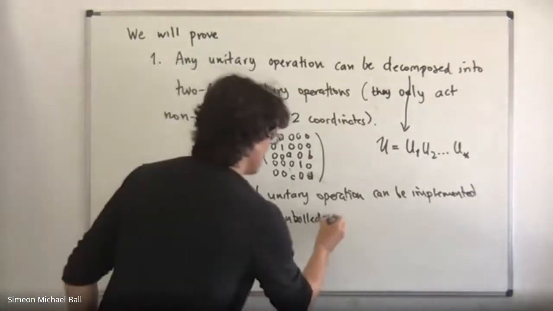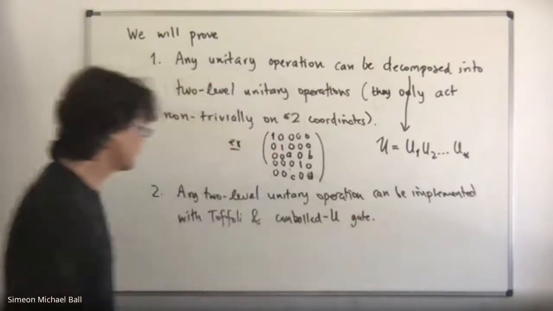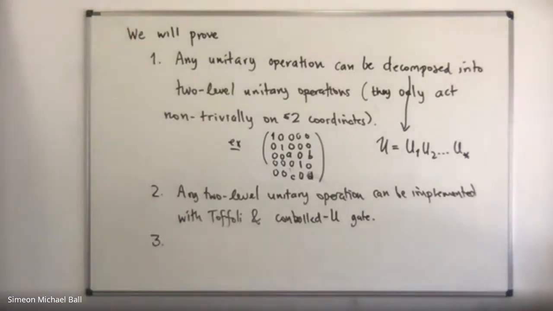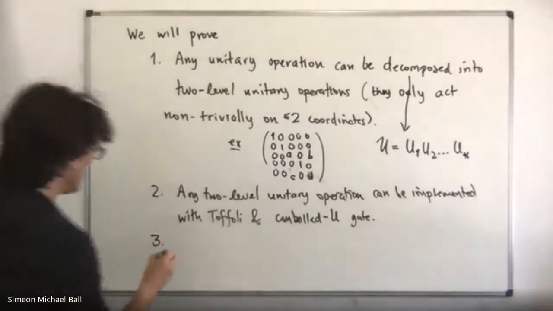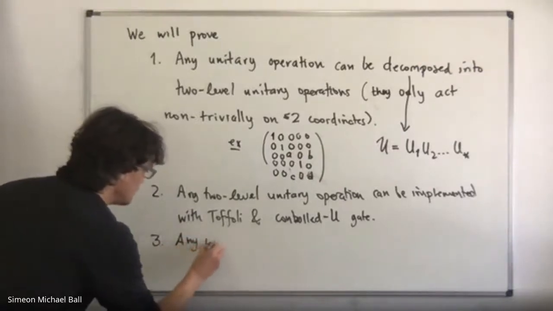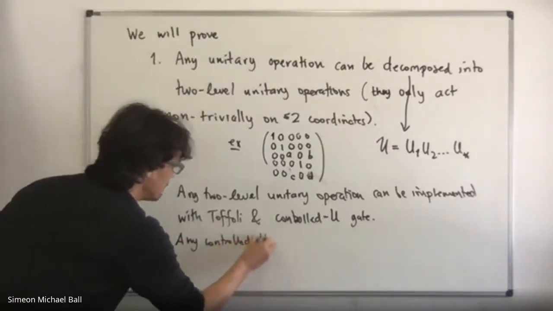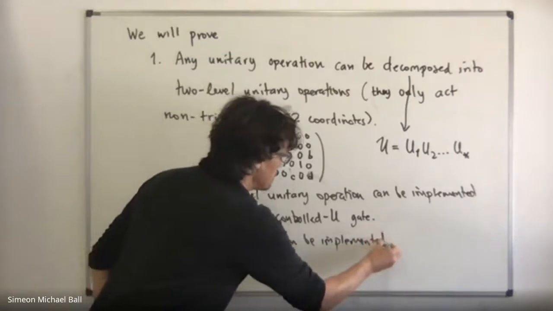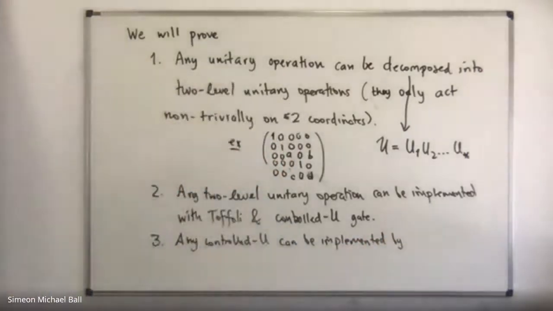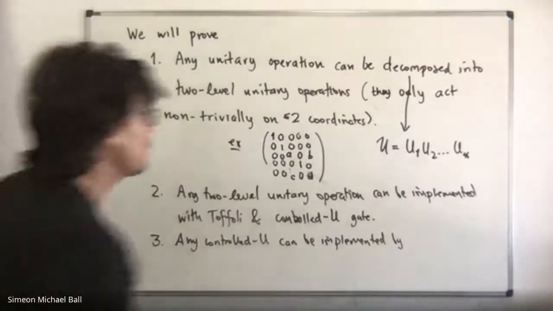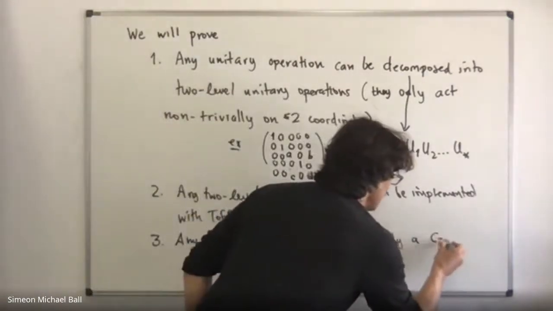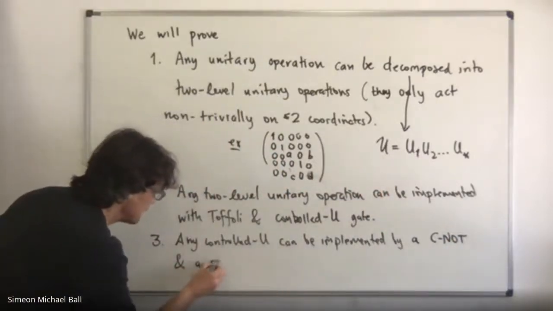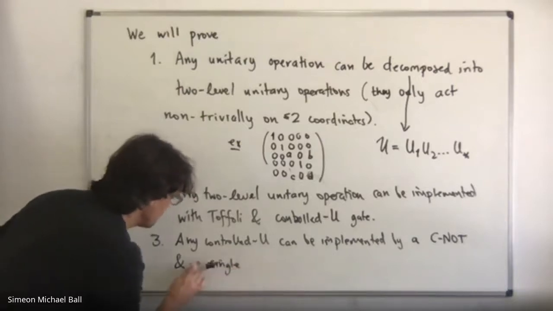So that will be our 4.1, which we're going to get to in a minute. 3, any controlled U can be implemented by a C-NOT, control-NOT, which we already did see, and single qubit operations.